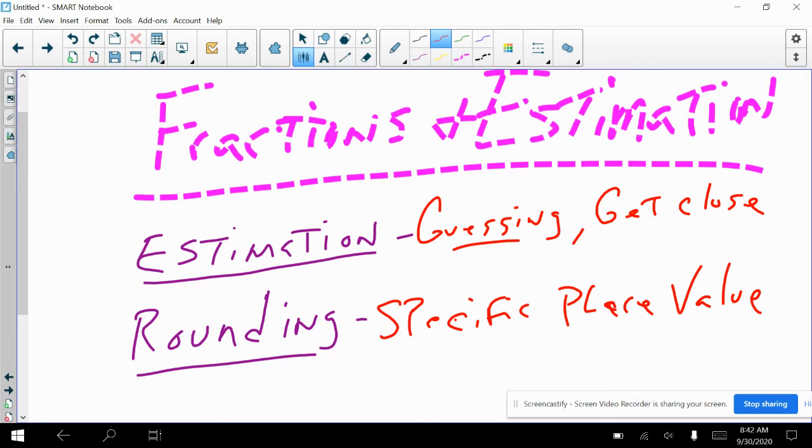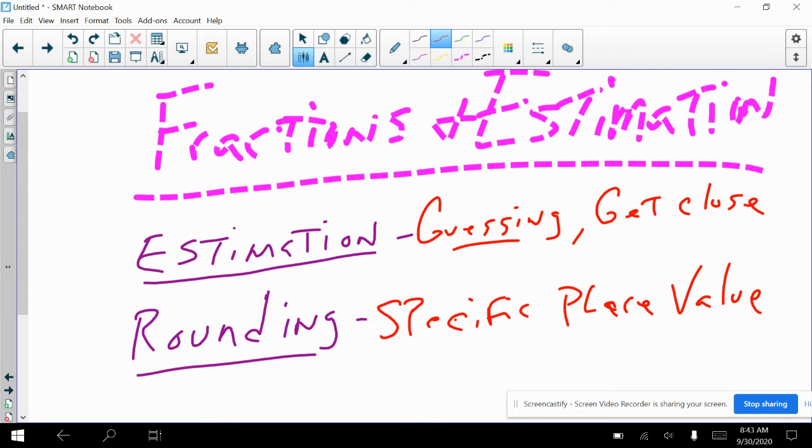If that's the case, then you will all have the same answer, because they're telling you a specific place value. If they just ask for estimation, which is kind of a gray area, some of you will not have the same answer, but still be correct.